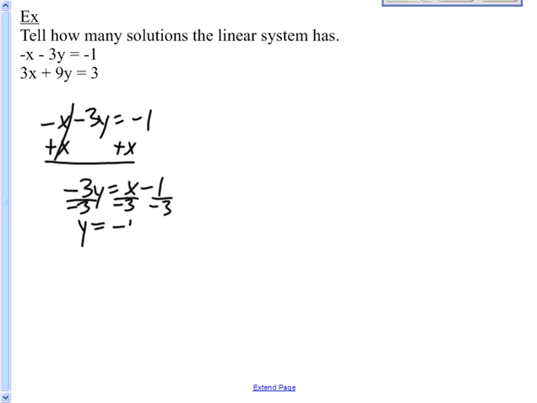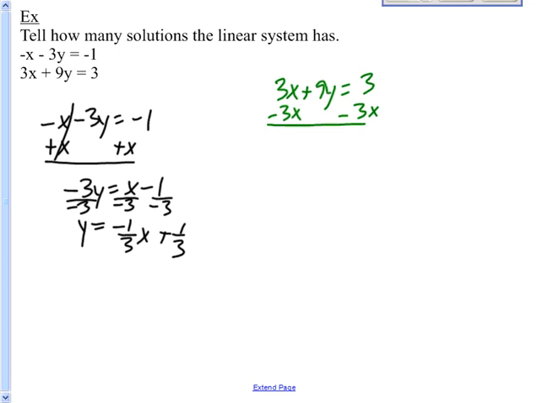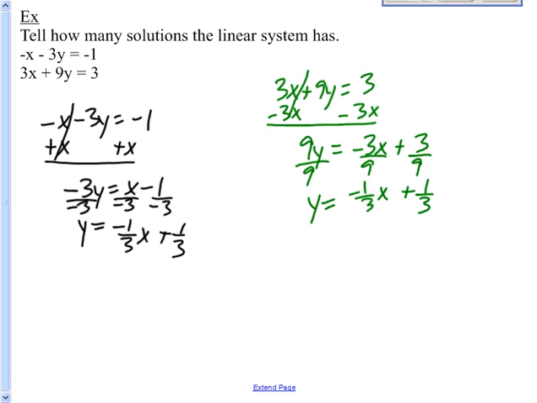Each of these, negative 1/3 x plus 1/3. Okay, there's that one. Let's go do this. 3x plus 9y equals 3. Divide by 9. So we got negative 1/3 x plus 1/3 when we simplify that.